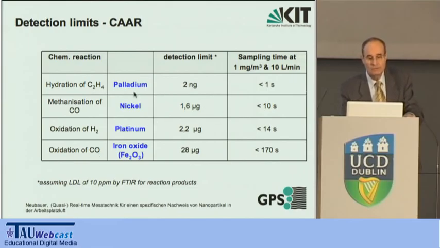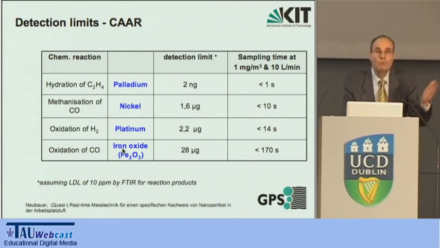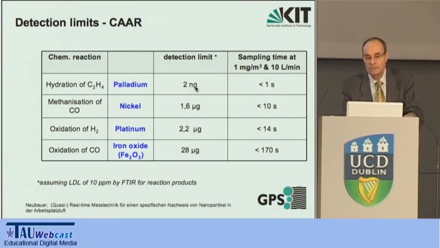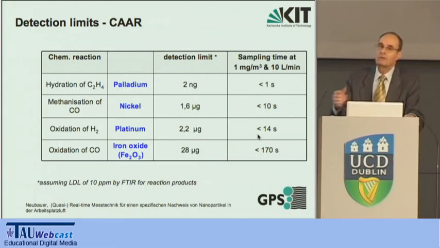And just to show you the detection limits for palladium, nickel, platinum, and iron oxide, which are four relatively classical catalysts. The palladium goes from 2 nanograms as a detection limit up to, for iron oxide, which is the least sensitive, 28 micrograms. And the sampling time that you have, if you have a certain source, can range from seconds to minutes. So it's a quasi-real-time device.